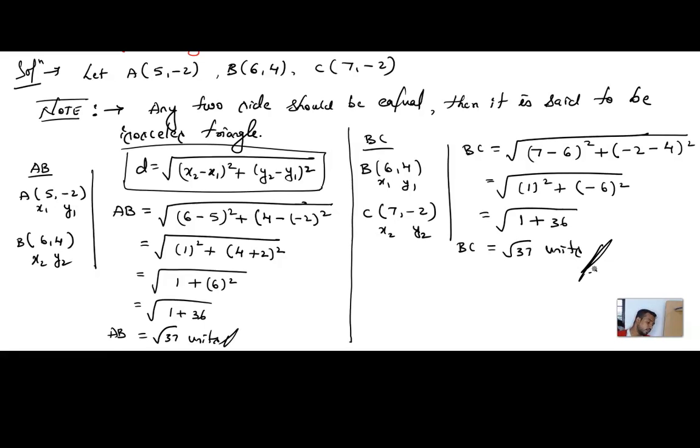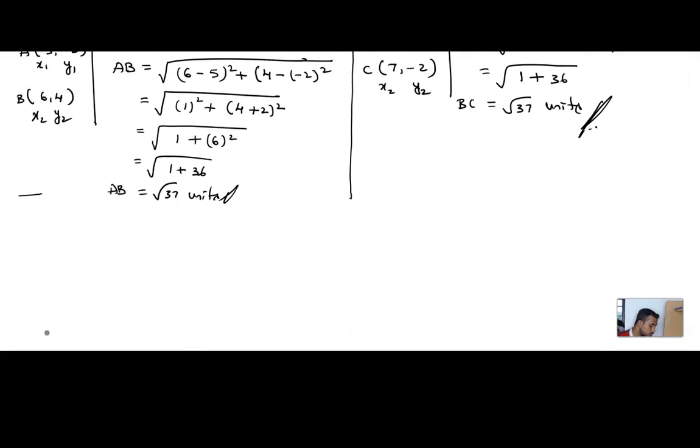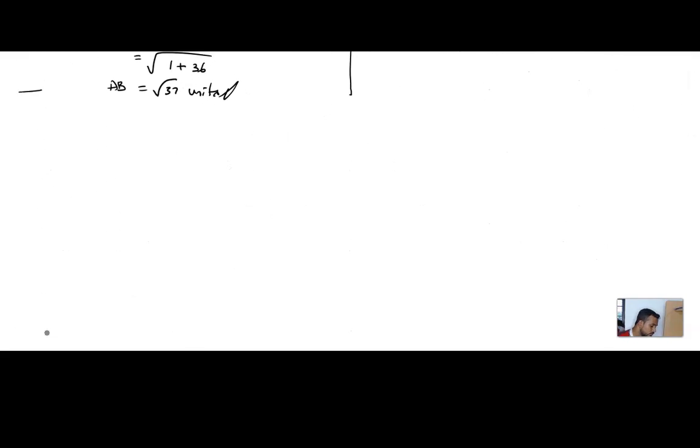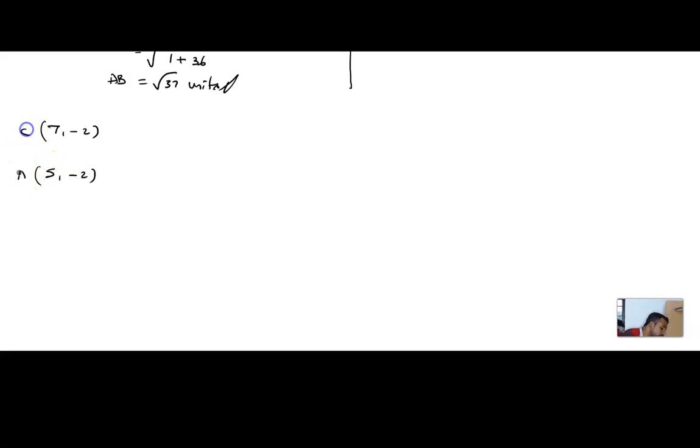What is the C coordinate? (7, -2). And A is (5, -2). C is this and this is A. We are finding the distance, that is CA.